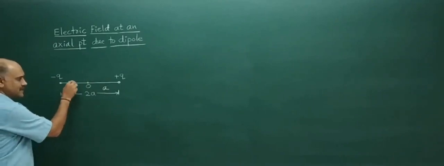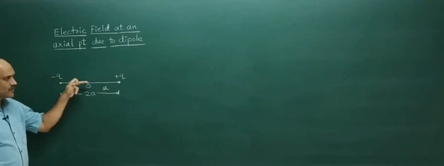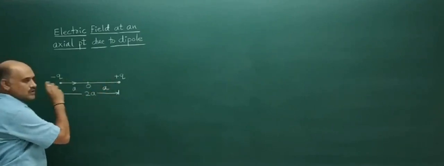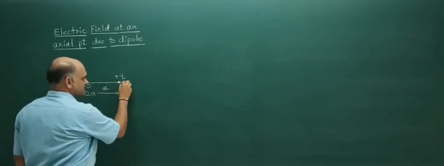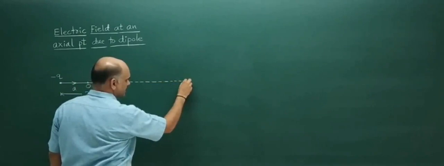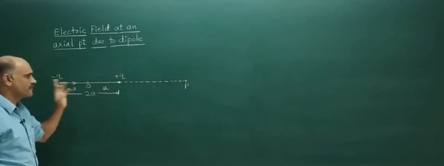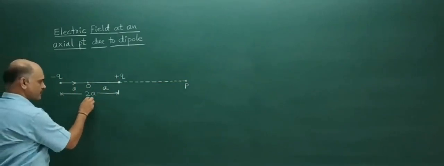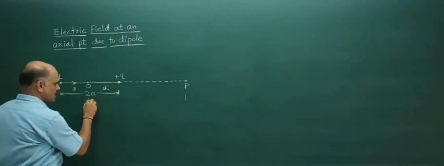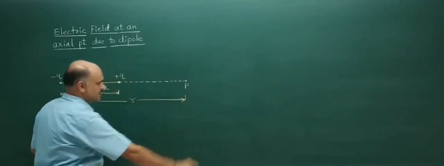Dipole axis will be directed from negative to positive. Always dipole axis is from negative to positive. So along this line on the axis, I will take a point P at a distance r from center, where r is very much greater than a.